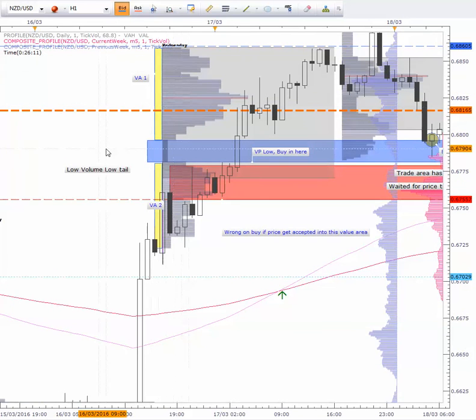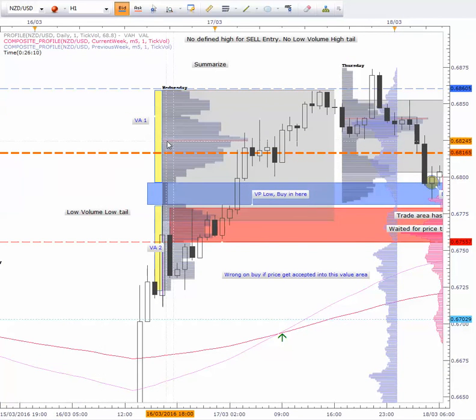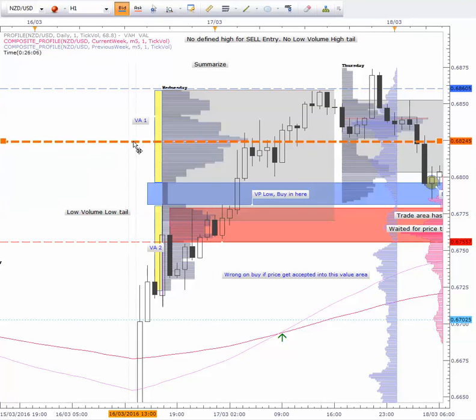Why the previous days? Because that's the information I'm using to get my entry, and I want to trade back to the point of control. So if I get in here, I'm looking at about a 29 to 30 pip profit. When I take it all out, that's trade management, and that's not what this is about.